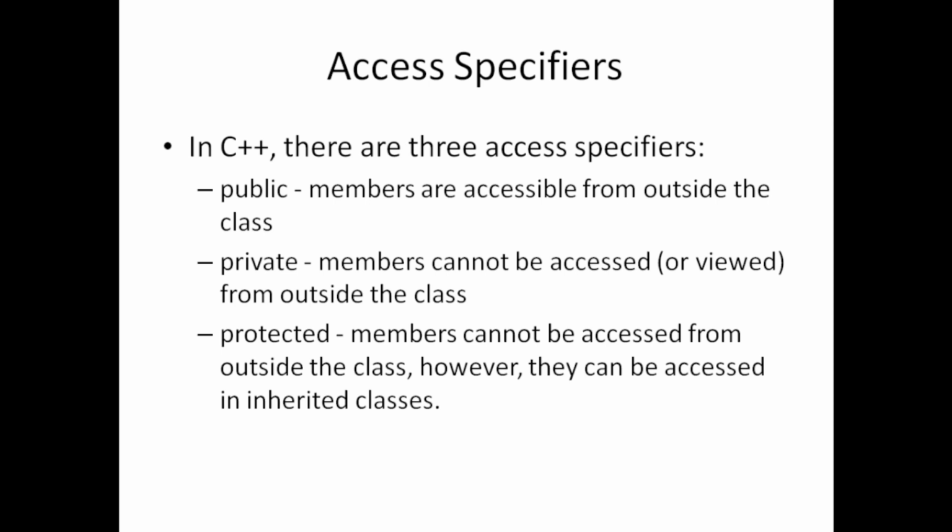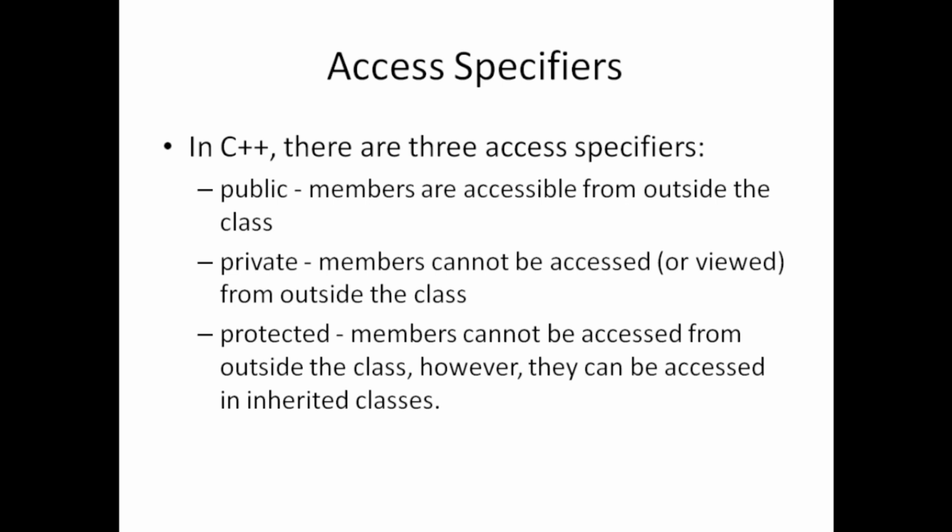Protected members cannot be accessed from outside the class, however they can be accessed in inherited classes. For example, there are two classes, class A and class B. If class B is inherited from class A, then A is a superclass and B is a subclass.